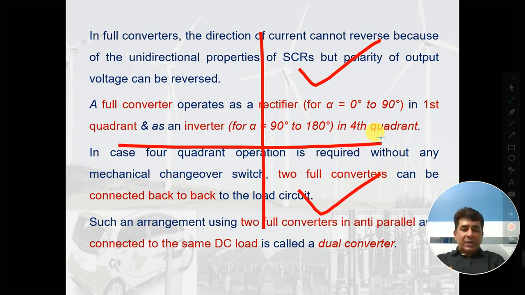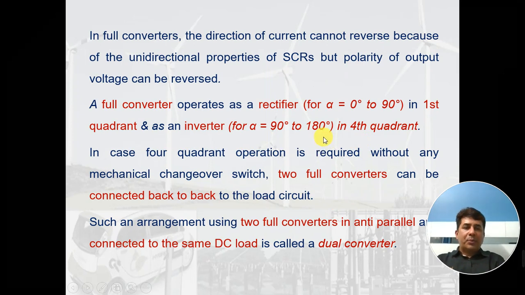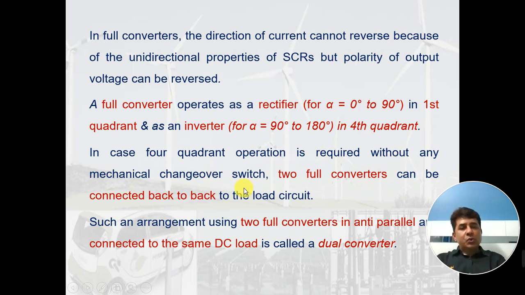So if we wish to get the operation in the other two quadrants as well, or if we wish to have four quadrant operation, then we use two full converters. Or in simple words, if we wish to get the direction of current at the load reversed, then we may have to use one more converter which will give you the reverse current as well.